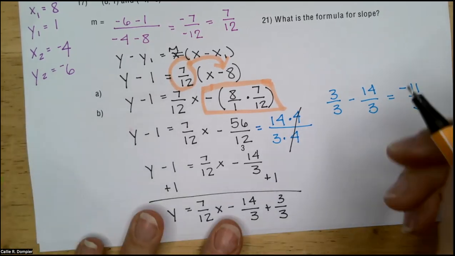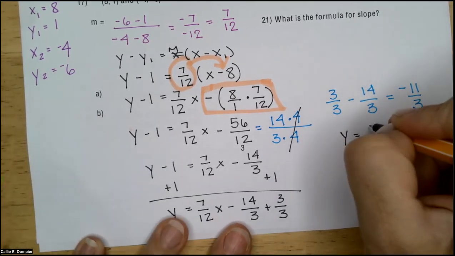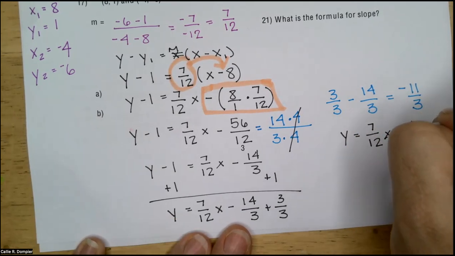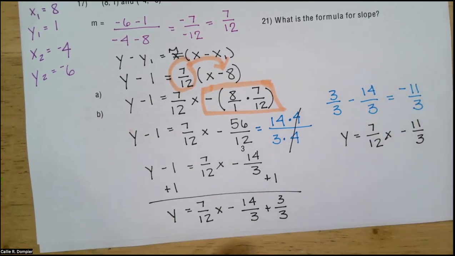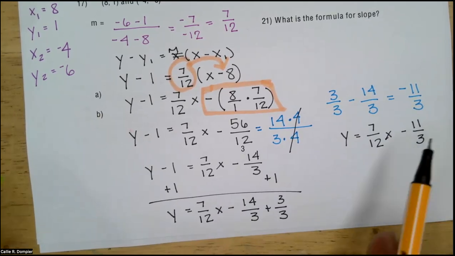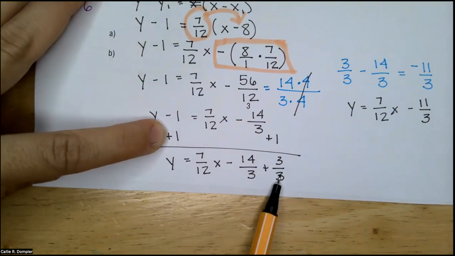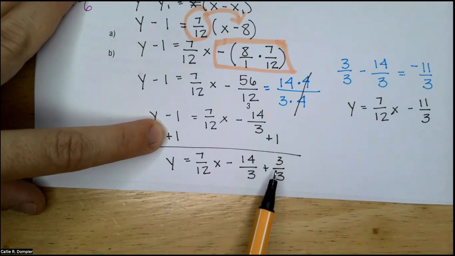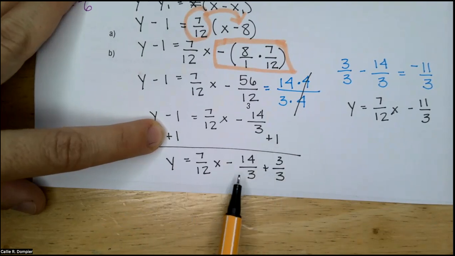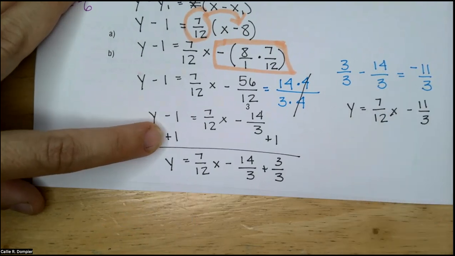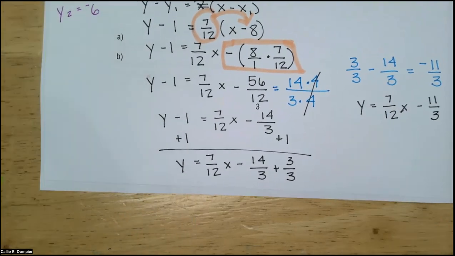Good. y equals 7/12 x minus 11 thirds. Good. So I needed to add 1, so I added 1, but the 1 I added was 3/3, because 3 divided by 3 is 1, and I wanted these to have a common denominator so that I could just subtract 14 from 3 and get -11. So that would be the slope-intercept form.